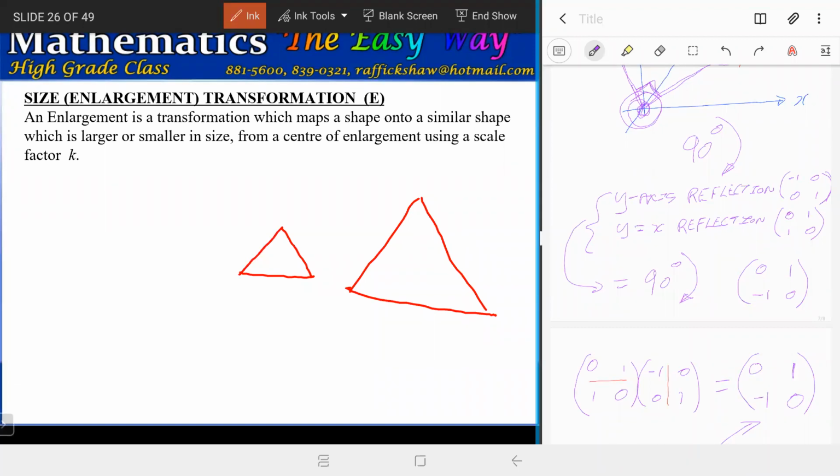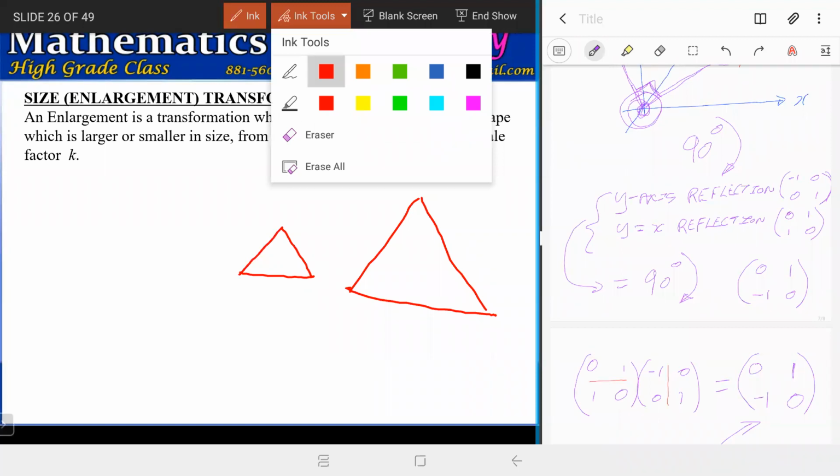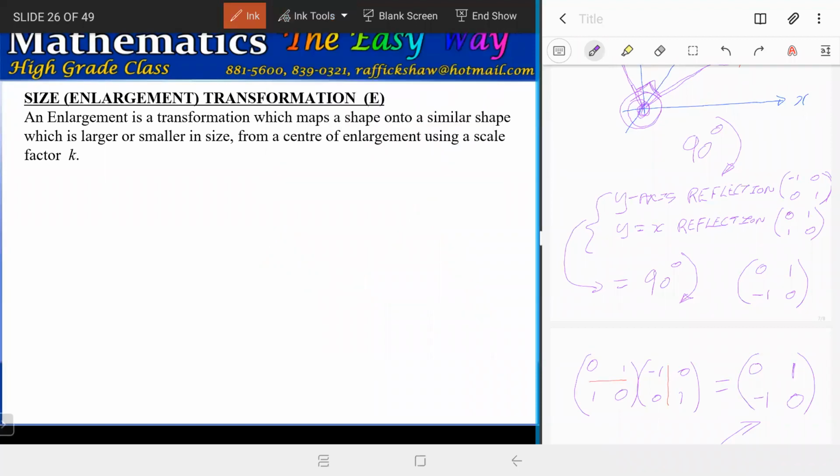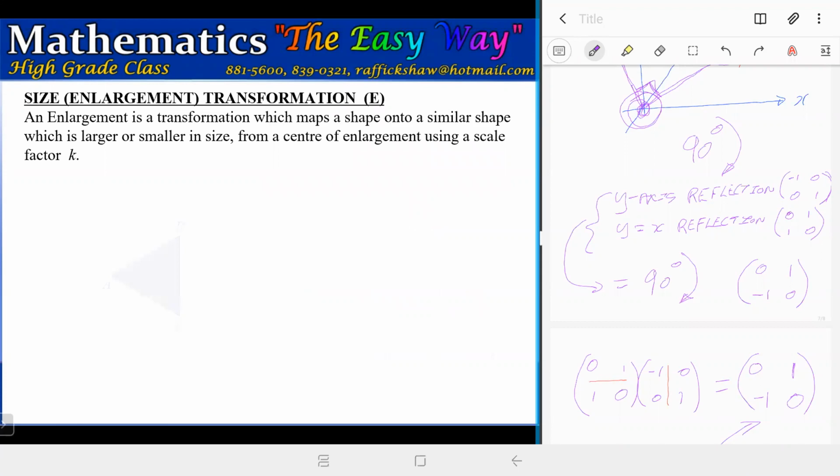So you need to find where the center is, and you need to find the scale factor. Let's look at how we find the center and how we find the scale factor. Very easy stuff, and most times you can actually look and see.